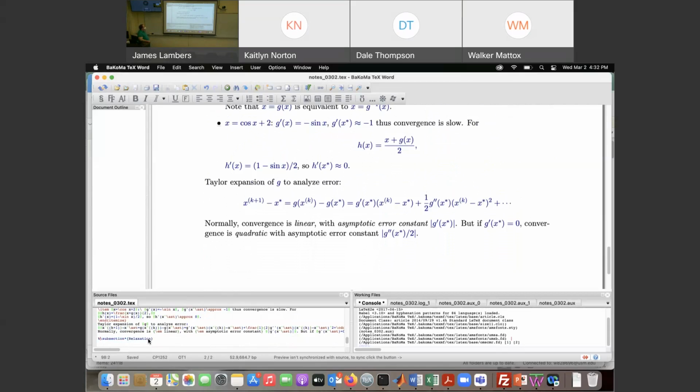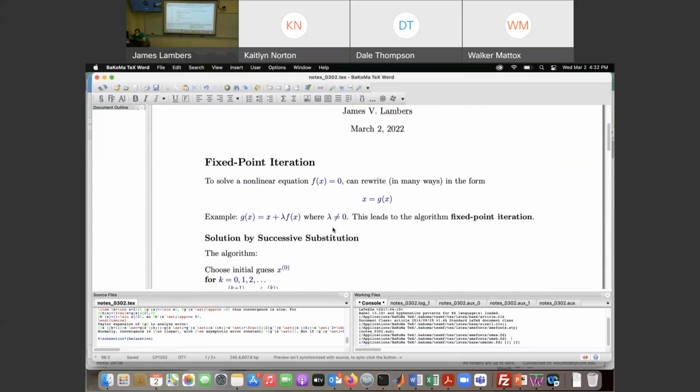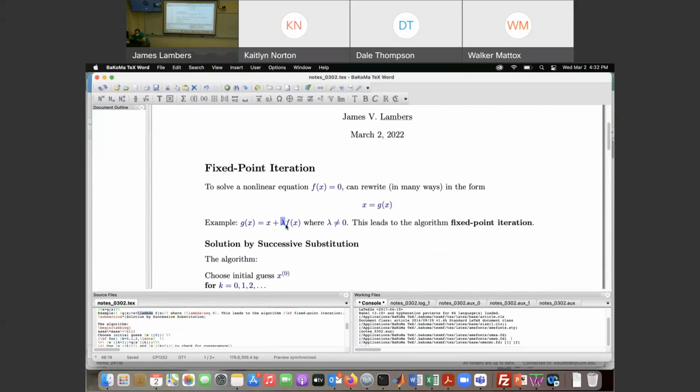And this is something that's discussed in the text in section 10.3: the idea behind relaxation is trying to choose the parameter lambda so that g prime is as small as possible at the root.